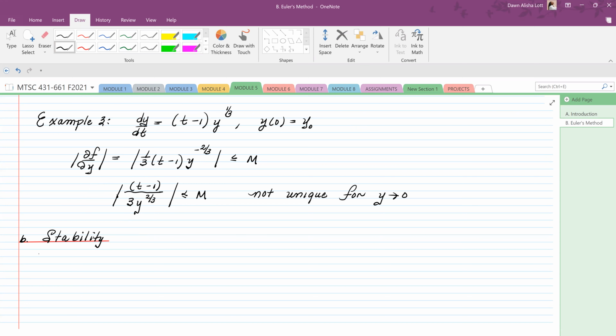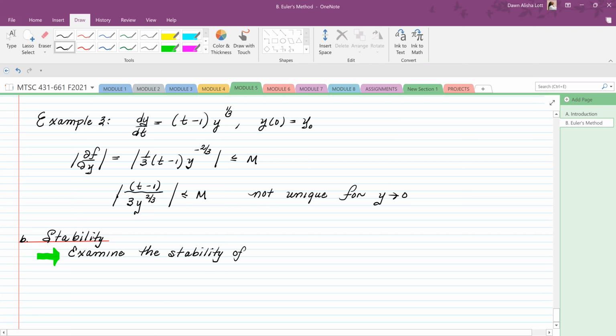So what we want to do is we want to examine the stability of the solution y of t when the initial value problem is changed by a small amount.